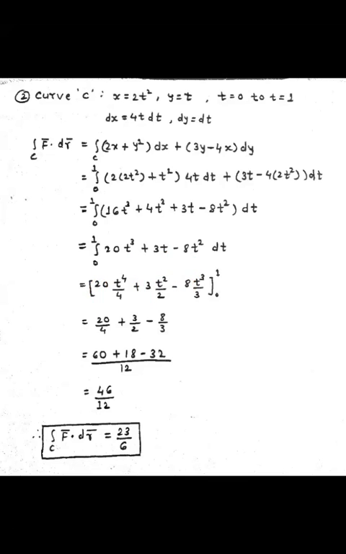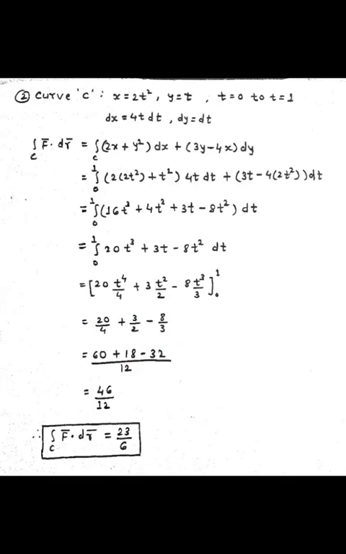Now put in the limits. If you put the upper limit t equals 1, then we obtain 20 by 4 plus 3 by 2 minus 8 by 3. When you put in the lower limit, the whole term gives answer 0. Now after taking the LCM, the LCM is 12 here, so the numerator becomes 60 plus 18 minus 32.